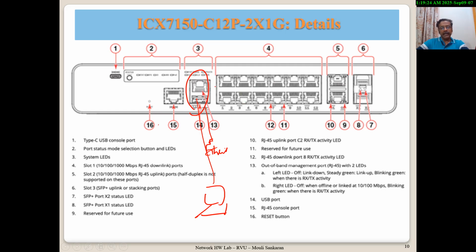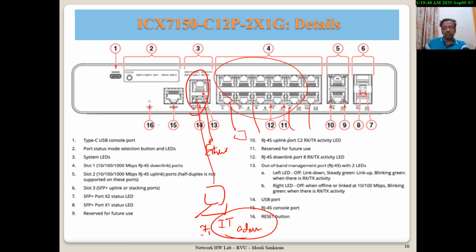Whatever machine you connect here is used by the IT admin to configure the device. Whereas the hosts connected to these data ports, which is the 12 port or 48 port I mentioned, are all meant for the hosts in the network to send traffic and communicate with each other. They are not meant for managing the devices.